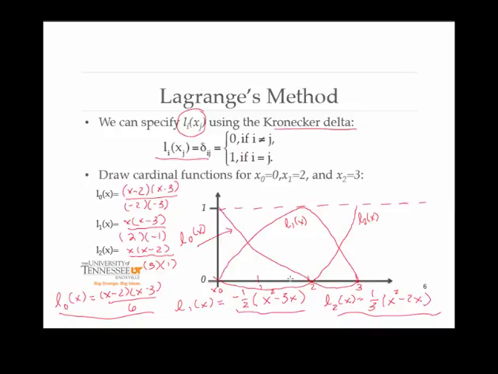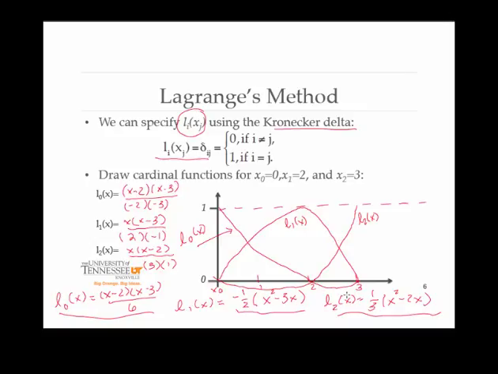So again, L0 of x, if you plug in x0, you should get a 1 back. So it starts here. But it's going to be 0 at x1 and it's going to be 0 at x2. So it'll pass through each of those x coordinates on the x-axis. It'll be 0 at both of those, but 1 at the first one, and it'll have a quadratic shape. And again, it would keep coming back up here, but we're only interested in interpolating on the data that we're given, so we don't need to go past 3.